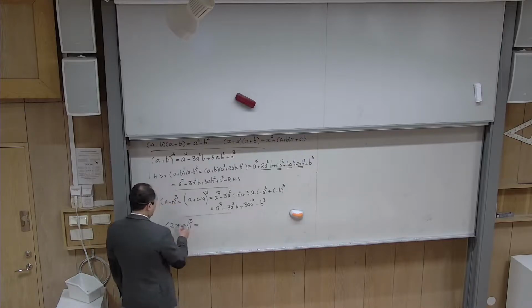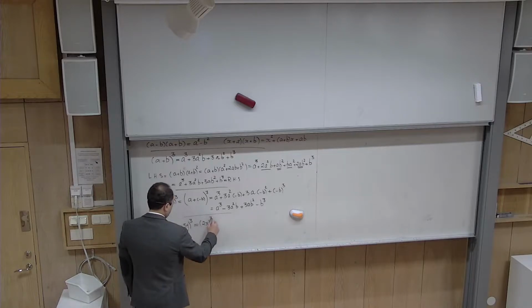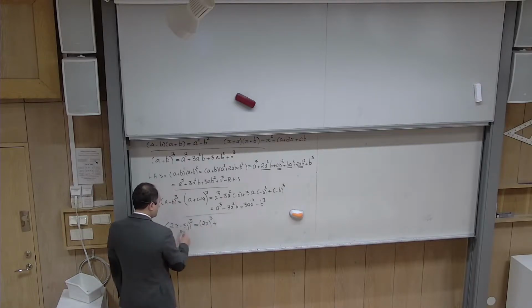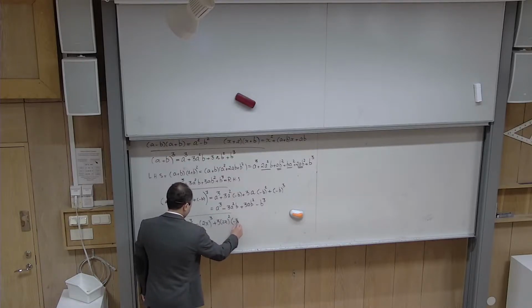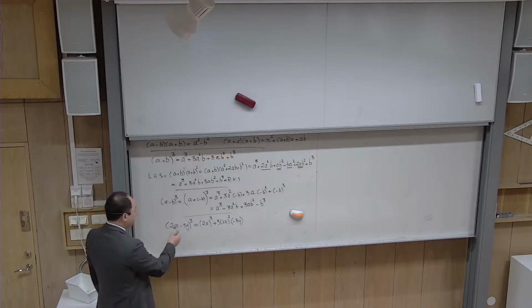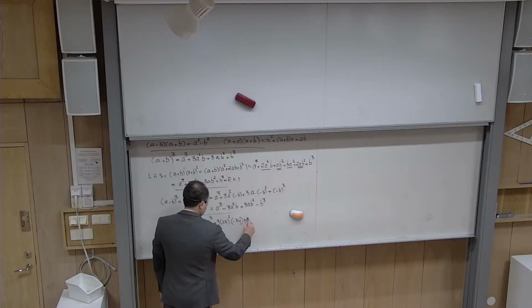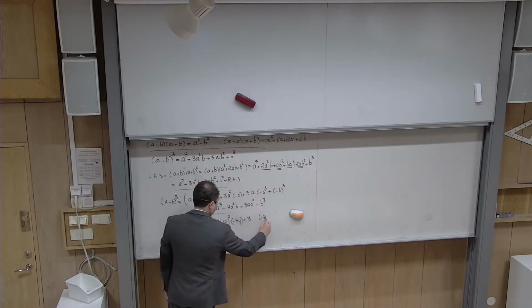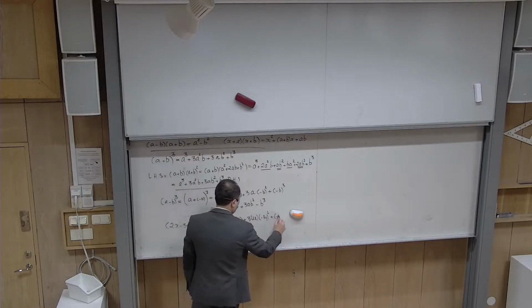I would say the first one cubed, plus 3 times the first one squared, multiplied by the second one. So I told you that in this, it's better to use the second one containing the sign. So this becomes 3 times the second one squared, multiplied by the first one itself, and finally the second one cubed.